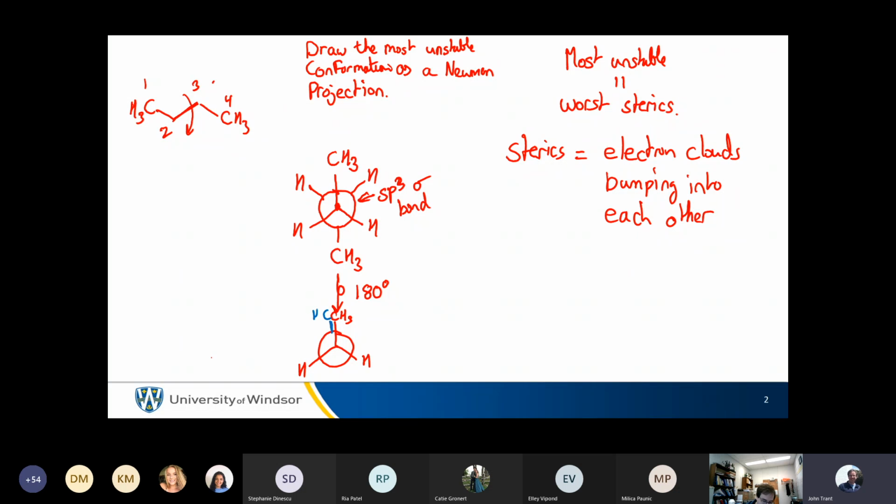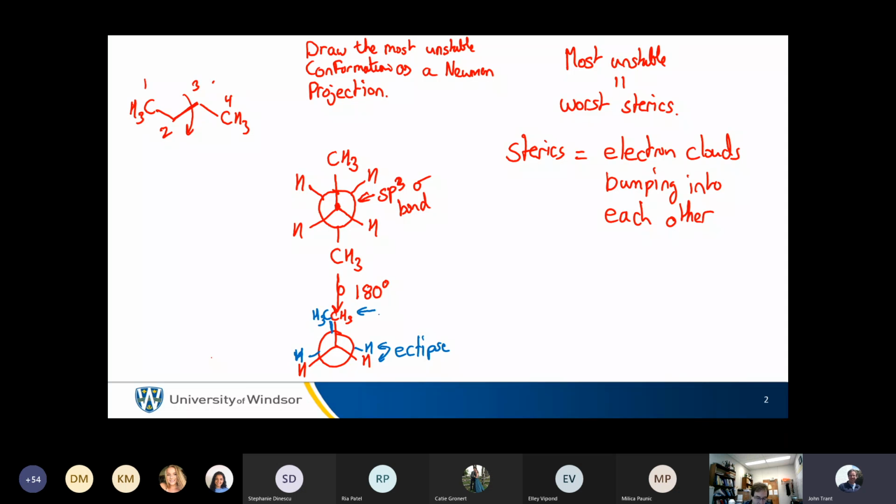I'm just going to draw the back carbon in a different color. Notice I'm just trying to draw them more or less where they're going to be. And that's what I see, right? Looking right down this bond, the hydrogens eclipse each other, which means, like an eclipse of the moon, they're in front of each other. Actually, everything eclipses everything.